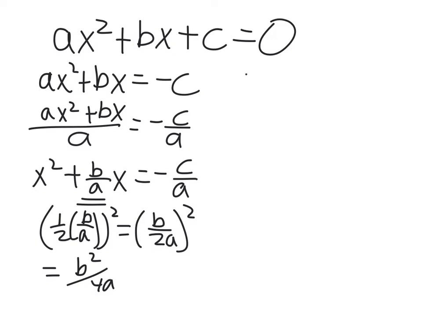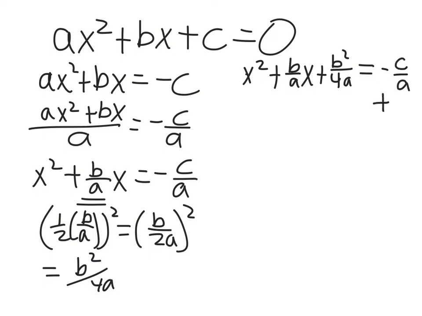So our x squared plus b over a x plus b squared over 4a squared equals negative c over a plus b squared over 4a squared. Would the a still be squared? Yes, a would be squared. Good catch. Thank you.